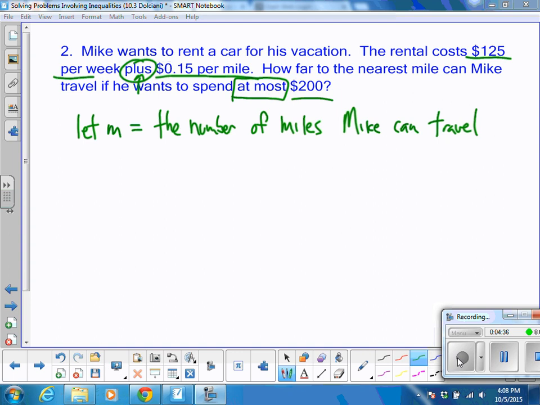Okay. Now let's see, the cost of the car rental is at most $200. So the cost of the car rental, and I'm getting this from up here, is at most $200.